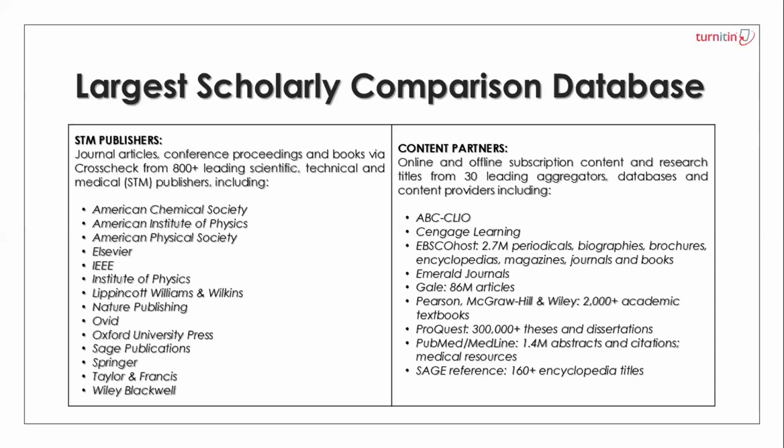On the right are aggregator content publishers like Cengage, ProQuest, EBSCO, Pearson, Emerald. So we can say about 98 or 99% of this content is indexed now. If your student really copies from any of the publisher content, then you can see the matching result.